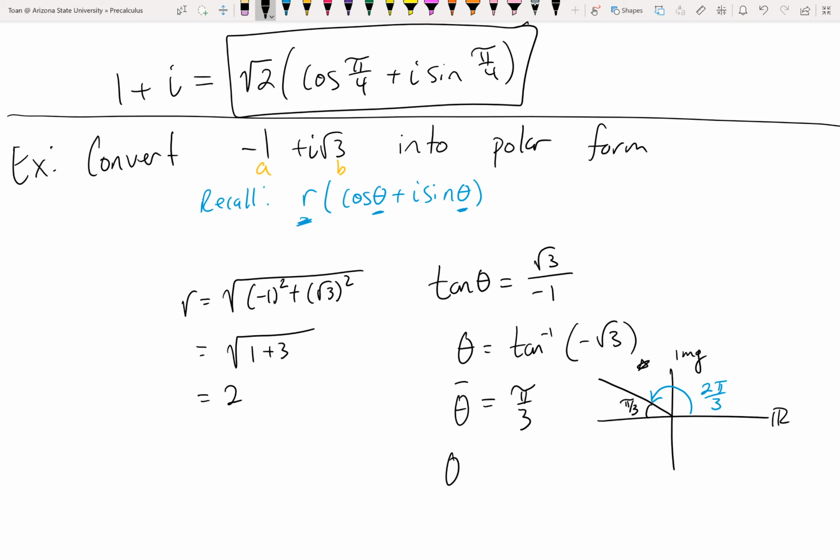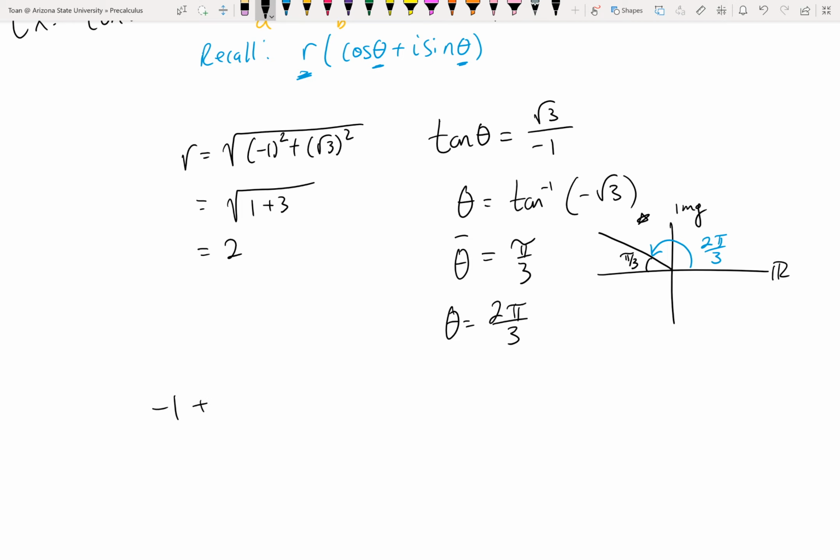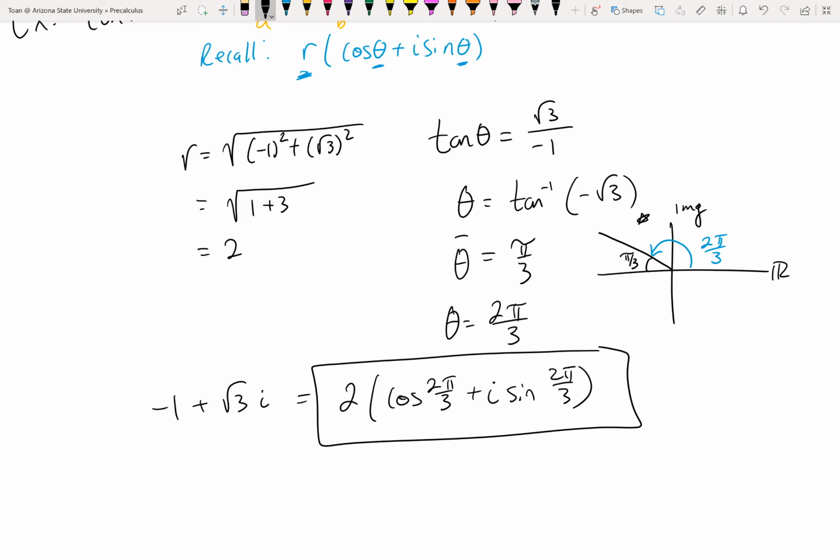So there we have it. Once you find r and theta, you have the polar form. So -1 plus radical 3 i, according to our math, in polar form is 2 times cosine of 2 pi thirds plus i sine 2 pi thirds. This is the polar form of that complex number.